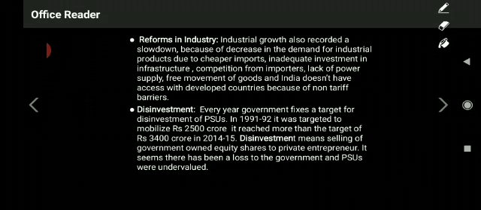Industrial sector growth also recorded a slowdown because of a decrease in the demand for industrial products due to cheaper imports. See, again, the Government of India, as I said in the beginning, removed the import duties not only on agricultural products but also on industrial products.